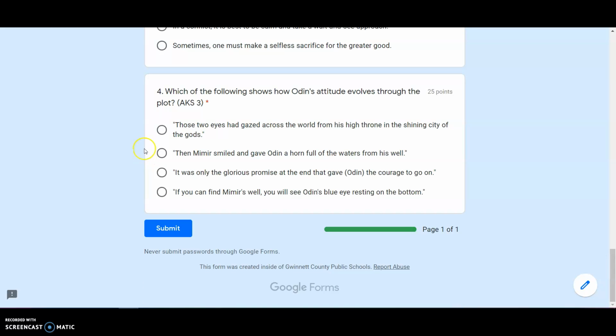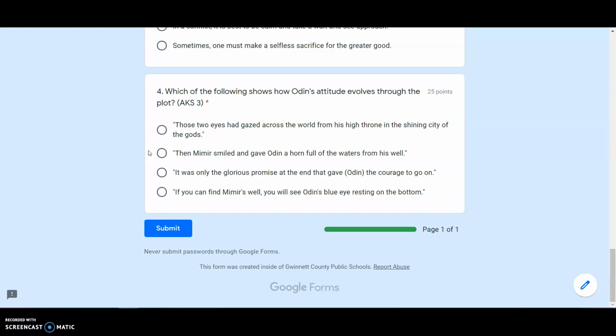And question 4. Which of the following shows how Odin's attitude evolves through the plot? So how does Odin change? Okay, the word evolves means change. How does he change over the course of the plot? So think about how he was at the beginning and how he changed towards the end. A. Those two eyes had gazed across the world from his high throne in the shining city of the gods.